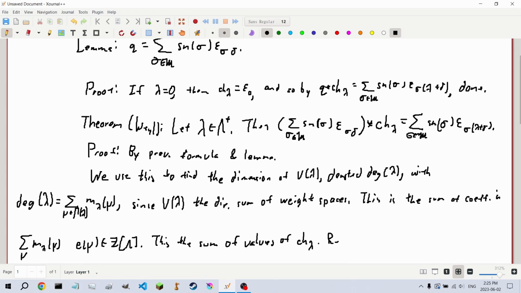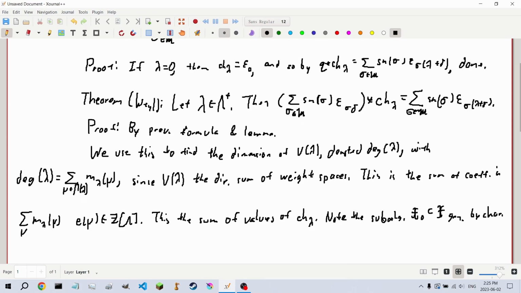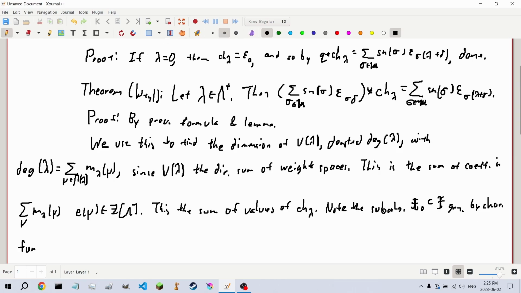Now recall, note the subalgebra X naught in X generated by the characteristic functions epsilon lambda for lambda in Lambda.